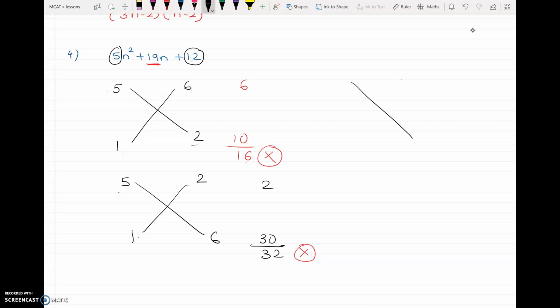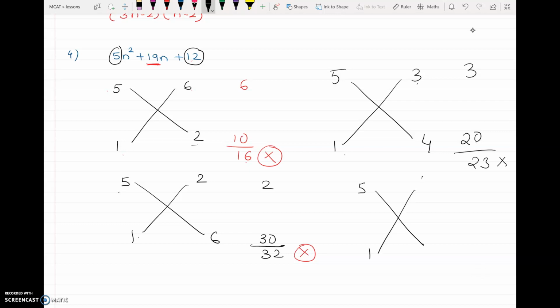Since it's 12, the other factors can be 3 and 4. Let's try that. 5 times 4 is 20, and 1 times 3 is 3. So 20 plus 3 is 23. Again, it doesn't work. So the next step will be to flip your 3 and 4. So 5 times 3 is 15, 1 times 4 is 4, and we notice it works.